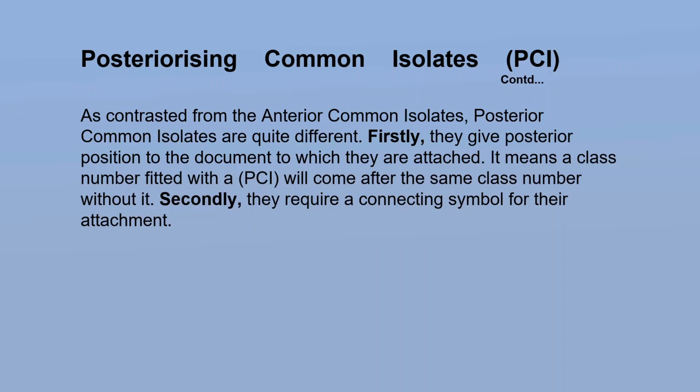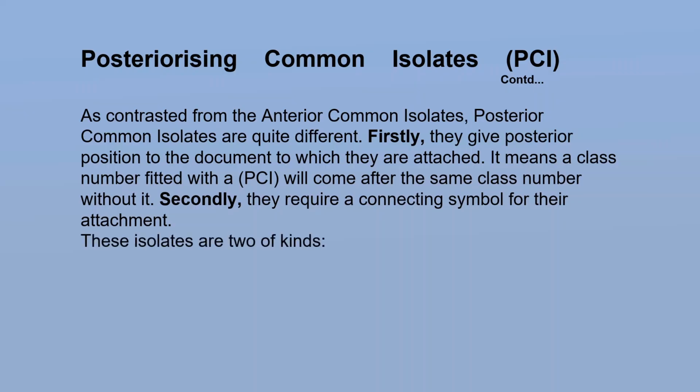Secondly, they require a connecting symbol for their attachment. But we have seen that for anteriorizing common isolate, according to Colon Classification 6th edition, we do not require any connecting symbol.